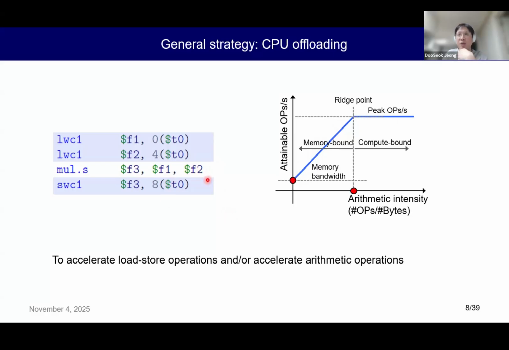But what if you have to fill the tank first, and you use only a small amount of water to process? Then the overall speed of the whole operation will be determined by the rate of filling the tank with water, right? That is the so-called memory bound model when the arithmetic intensity is low, but when arithmetic intensity is high, that is the so-called compute bound model. So depending on the model, you have to choose a proper acceleration strategy.